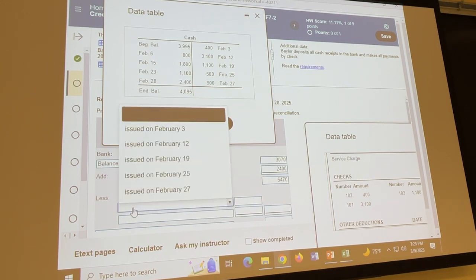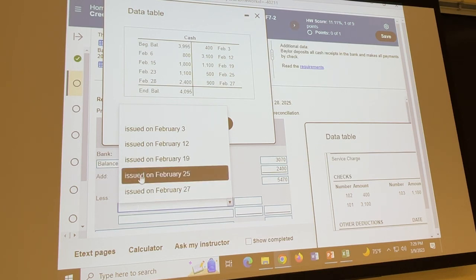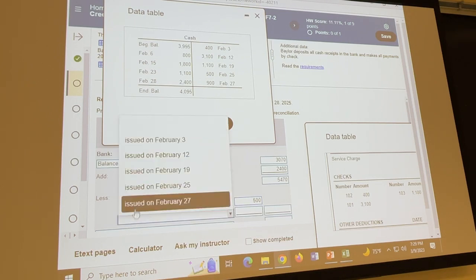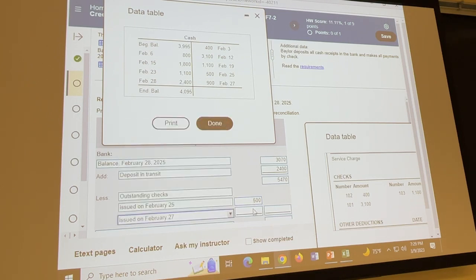So the way they want us to describe them in this case, other problems in my lab, they may give you a check number and you'll describe it that way, but here we would describe it by saying check issued on February 25th and the dollar amount's 500, and then check issued on February 27th and the dollar amount is 900.